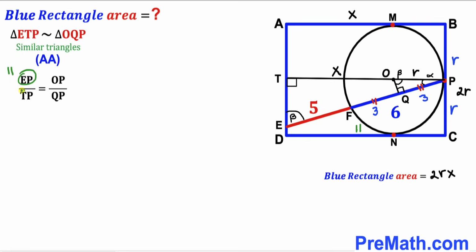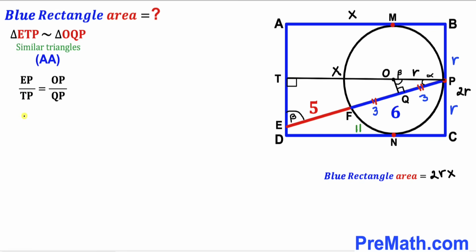Now focus on this TP length. We know this whole TP length is x, so I'm going to replace that one with x over here. We know our OP length is our radius lowercase r, so I'm going to substitute that one for lowercase r. Finally this QP length is this segment 3, so I'm going to replace that one with 3 over here.